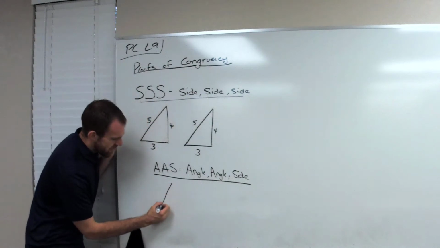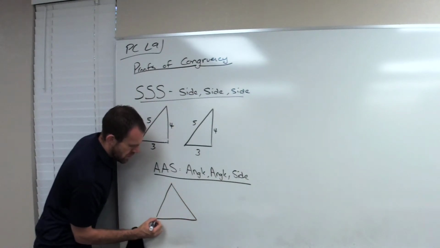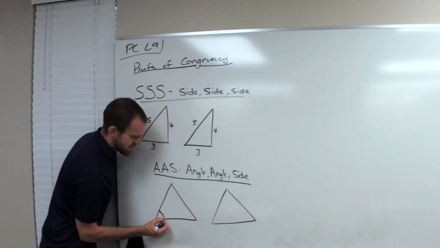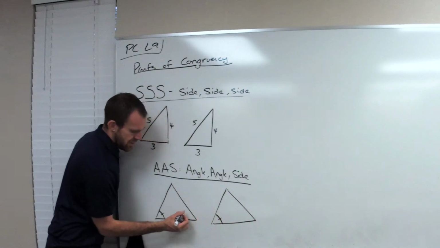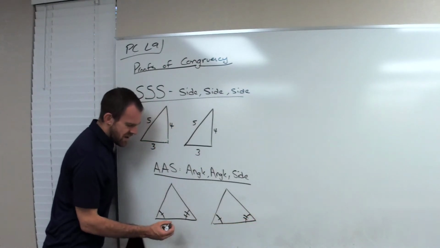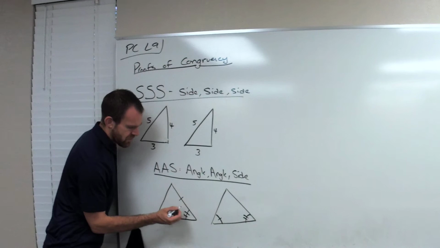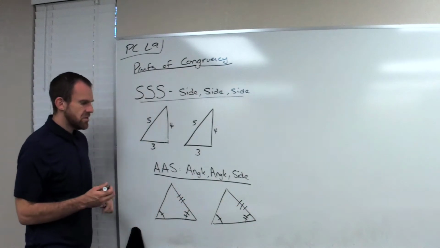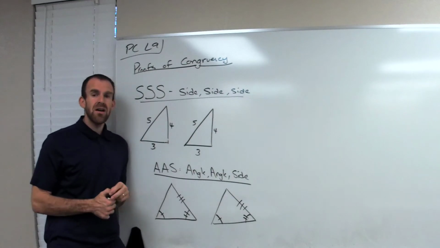If they gave you that this angle matches this angle, and this angle matches this angle, and this side is the same, then you know that those two triangles are congruent.